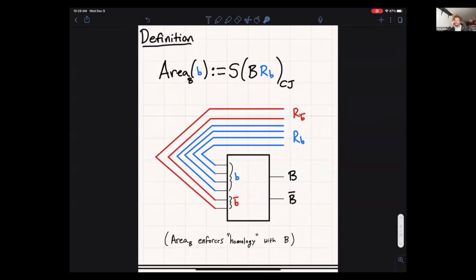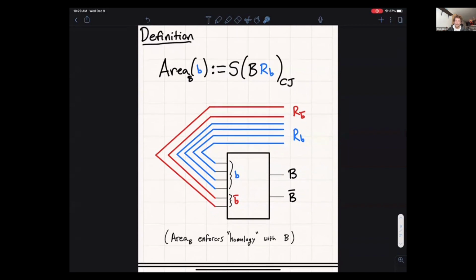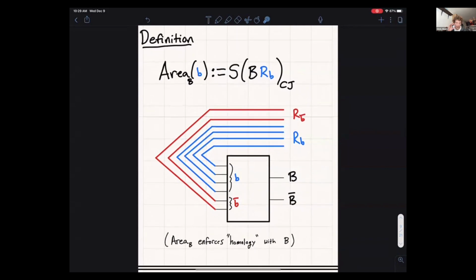Okay, so why this area? There's a few reasons. So one, it satisfies the basic things that you would want an area to do, and that's not too hard to see. So for example, in the context where Harlow gave a definition of area, this agrees with that.